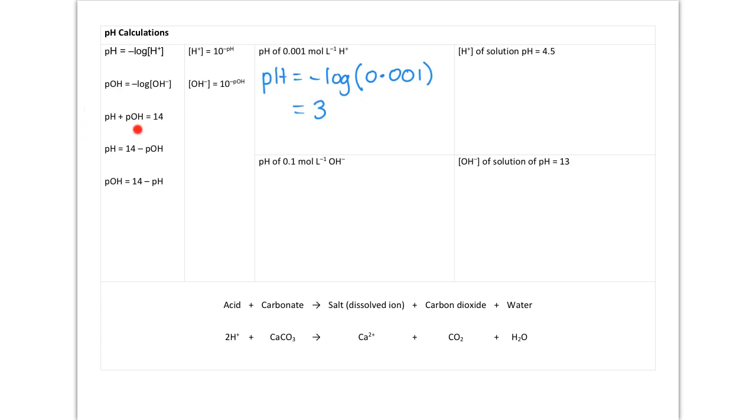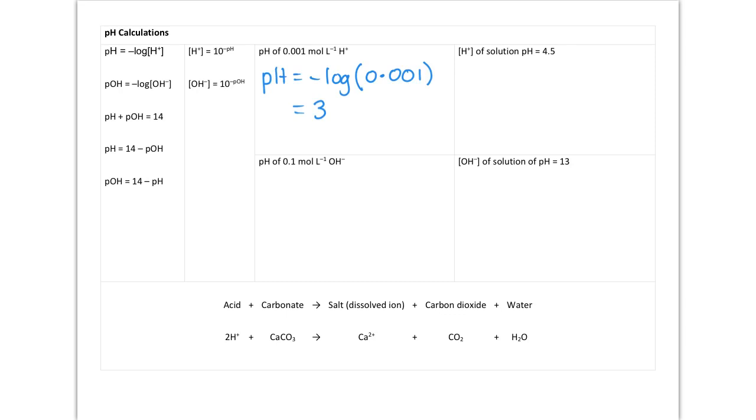So pH plus pOH equals 14. If we just rearrange that, we can see that pH equals 14 minus pOH. The Essentials book shows a different way of doing this with multiplication. I think this way is a little bit simpler and more straightforward, but if you prefer an alternative way, that's okay, but I'm going to stick with this method here.